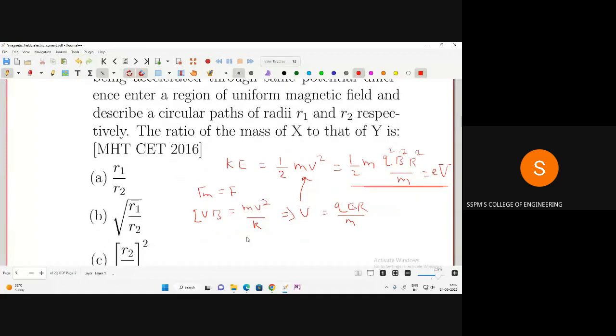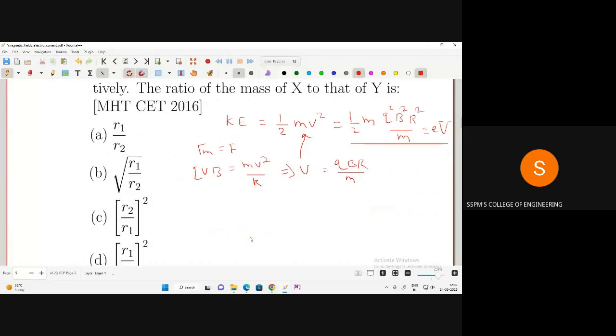And what is R squared? R squared, the square of the radius of the circular path, is 2m times e times potential V divided by q squared B squared, and m will be cancelled.